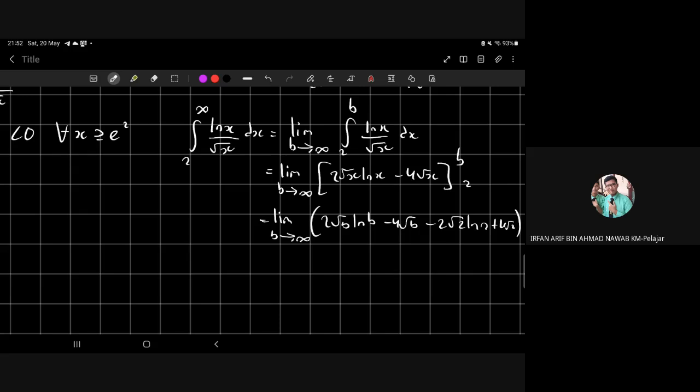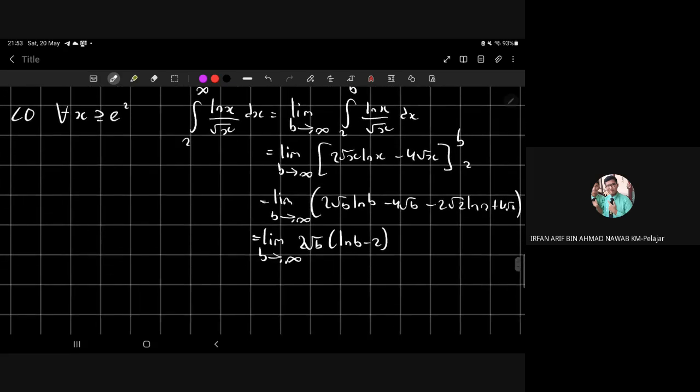Basically, I believe you can factor this out. It will be the limit as b approaches infinity of 2 square root of b times (ln b minus 2), and then we have negative 2 square root of 2 ln 2 plus 4 square root of 2.